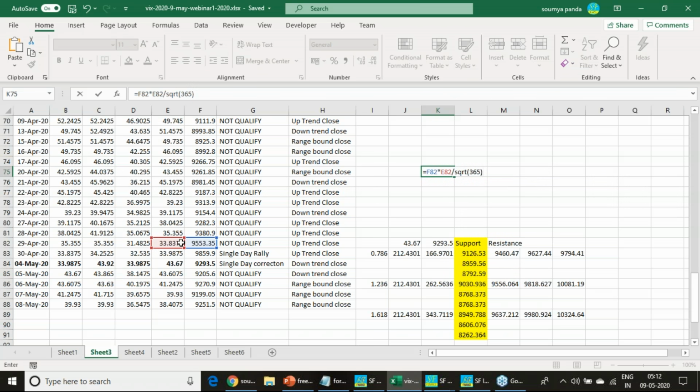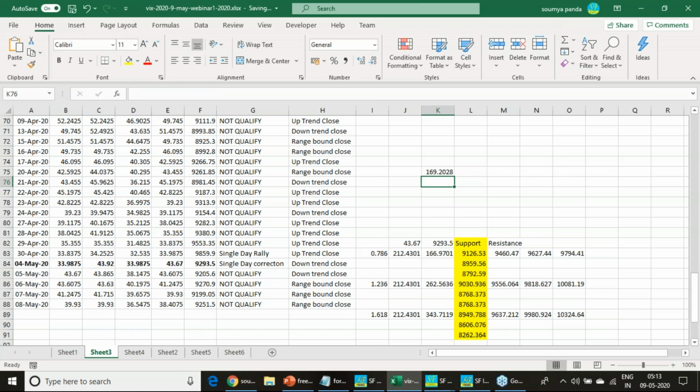This is how I get the daily price range from the VIX. The entire result I divide by 100, because the VIX is 33.83, where 100 is already multiplied, so I bring it back to the price range form.